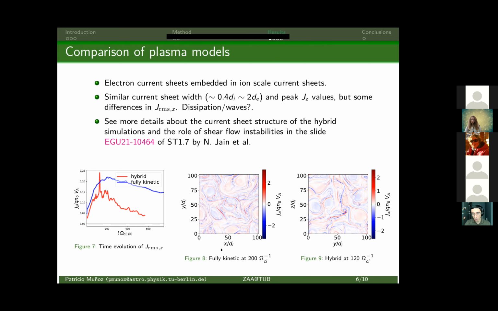And we observe also some tendency to disrupt current sheet formation due to some waves that are present in the fully kinetic simulation, but absent in the hybrid model. As for the hybrid current sheet simulation, their properties and the role of shear flow instabilities, please refer to this talk and slide by Neeraj Jain.